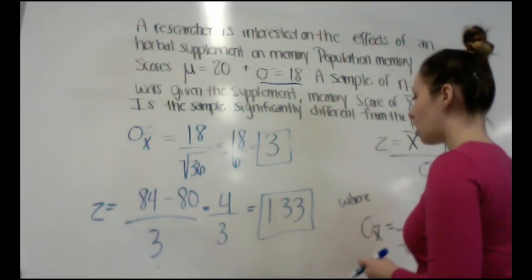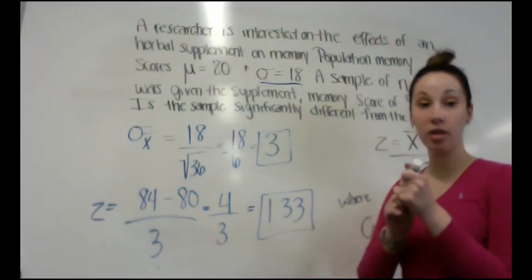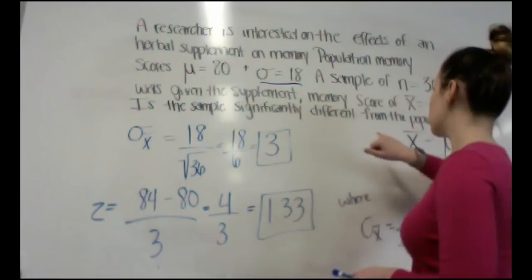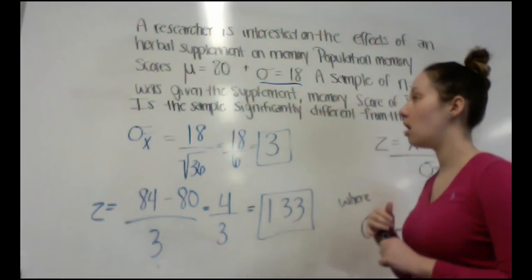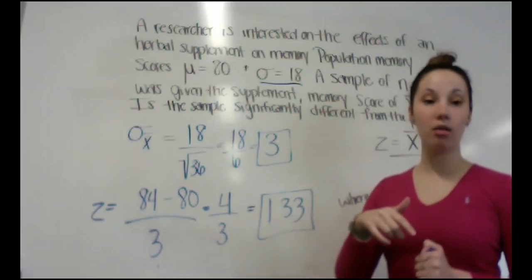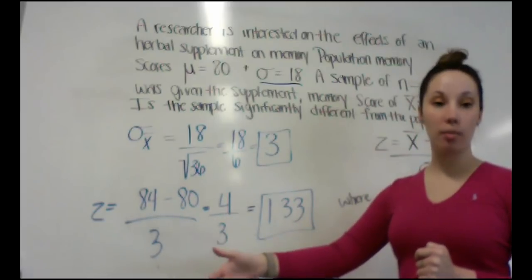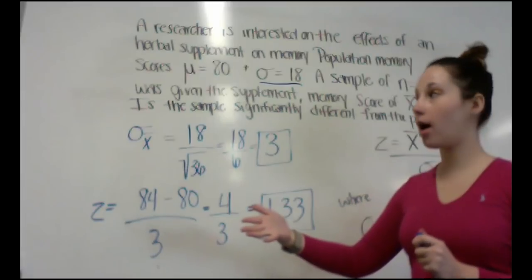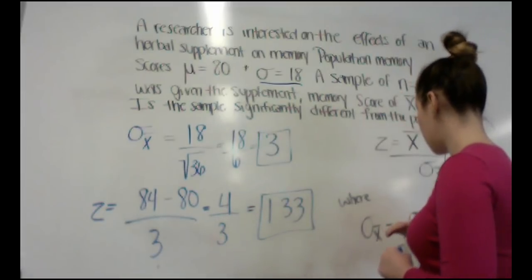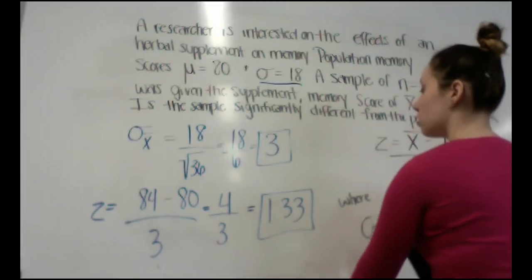Now this is getting a little bit ahead of ourselves, but if you're interested in how to find whether or not our sample is different from the population, this is how you would do it. You're not going to have to do this for your test this time around, but it's something that we will do in Chapter 9. So here's our z-score.